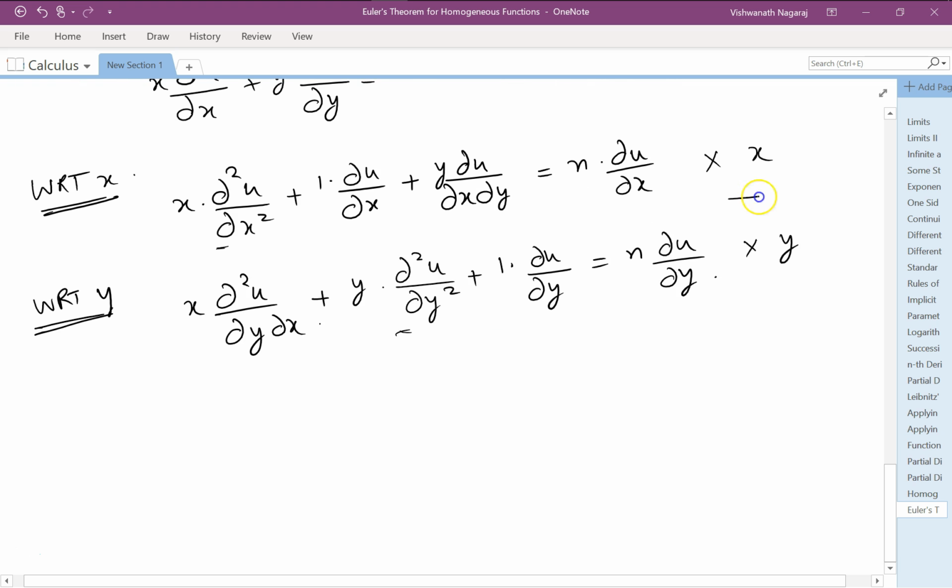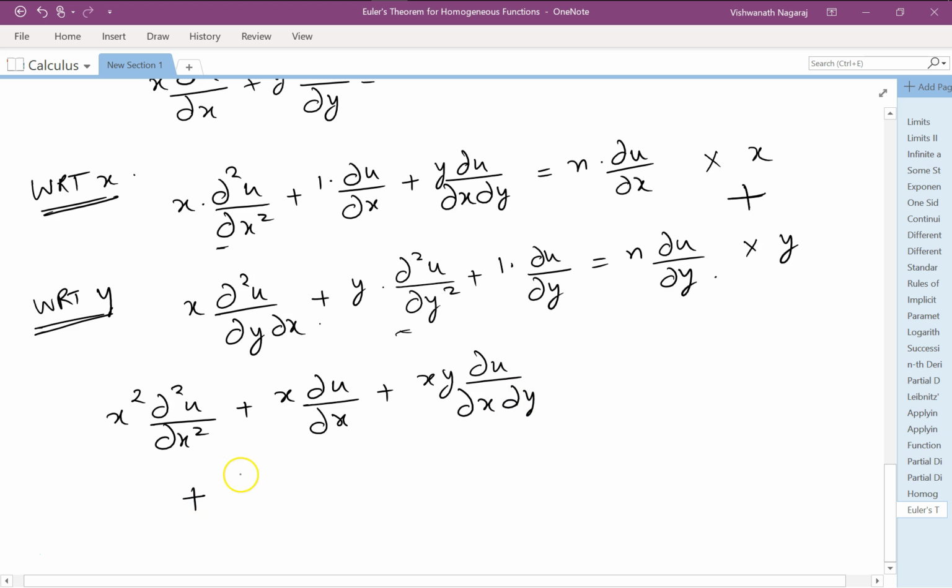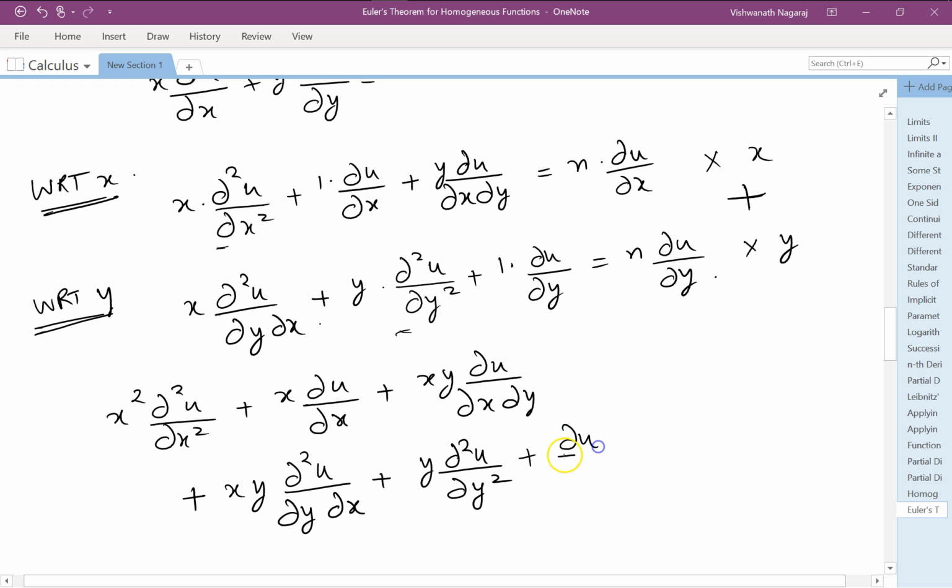So let's first multiply it. x² ∂²u/∂x² plus x ∂u/∂x plus xy ∂²u/∂x∂y plus, now here we are multiplying it by y, so xy ∂²u/∂y∂x plus y² ∂²u/∂y² plus y ∂u/∂y.